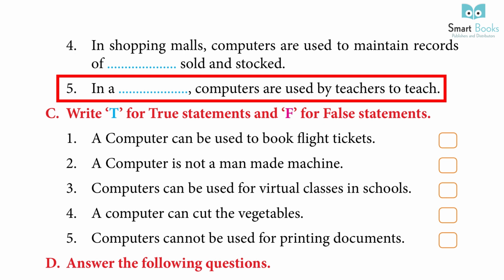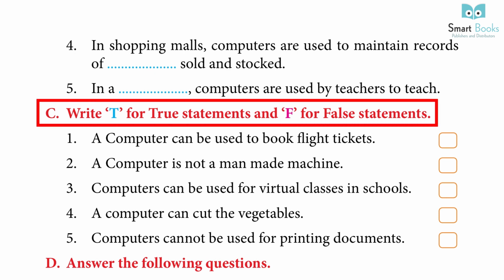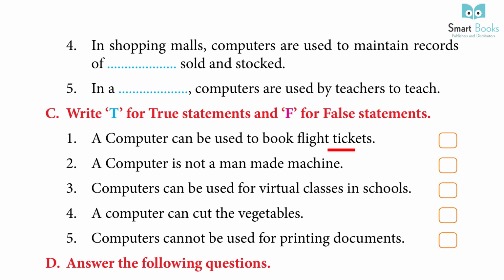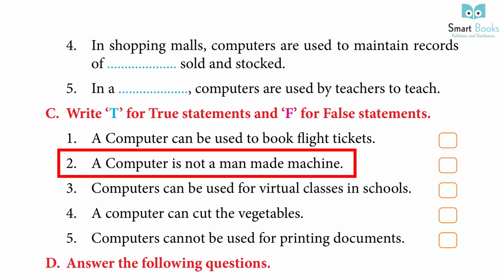Answer: schools. C. Write T for true statements and F for false statements. 1. A computer can be used to book flight tickets. Answer: true. 2. A computer is not a man-made machine. Answer: false. 3.